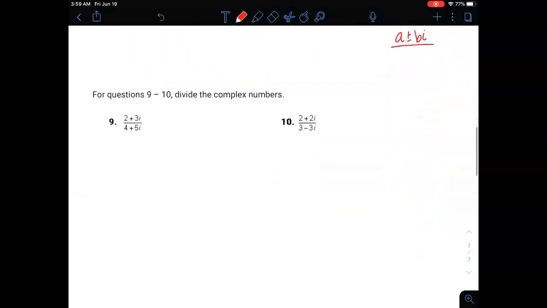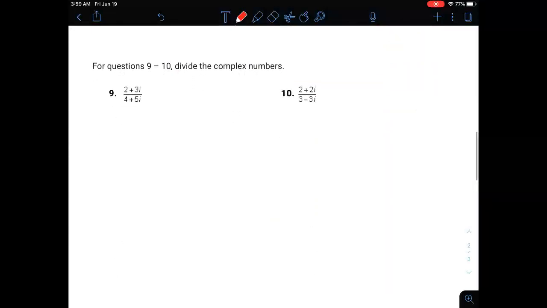All right. Okay, questions 9 and 10 are based on division here. So I will do one of these and leave the other one for you. All right. So what we do is we multiply by the complex conjugate of the denominator. So 4 minus 5i over 4 minus 5i. All right.